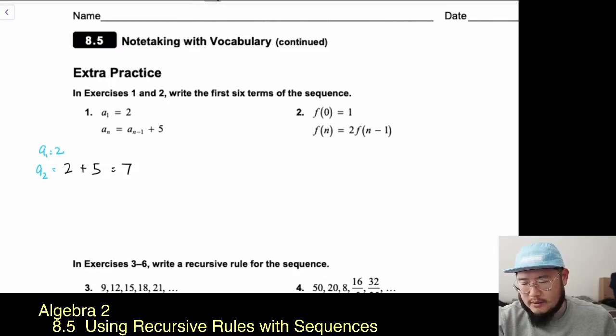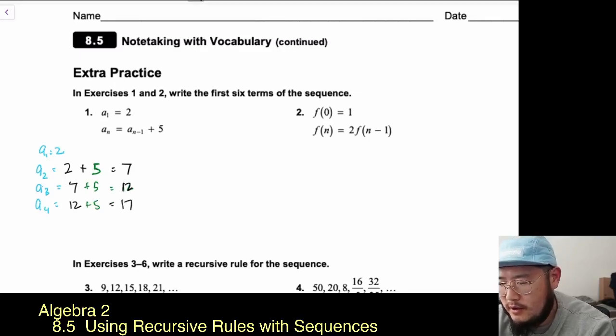Next up, we take a sub 3. What that means is we're going to take the second term, which we now know is 7, and add 5 to this. And what does this now equal? We've got ourselves 12. Let's continue this process, a sub 4. That will be the previous term, which was 12, plus 5, and that is now equal to 17.